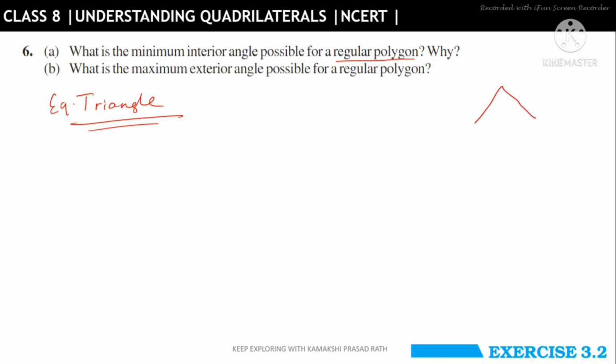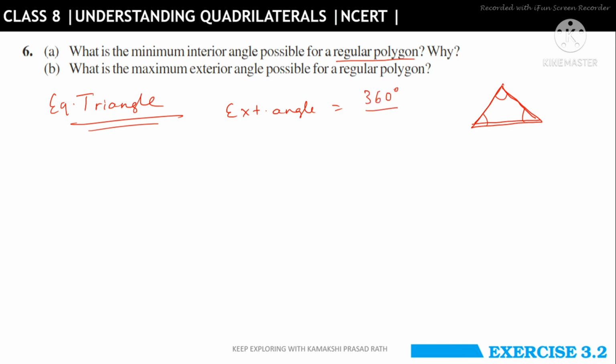Now the smallest regular polygon will have the smallest interior angles. So the minimum interior angle is possible only for a three-sided polygon. That's the smallest polygon. So to know that, first you have to find out the exterior angle. We know each exterior angle equals 360 degrees by the number of sides.